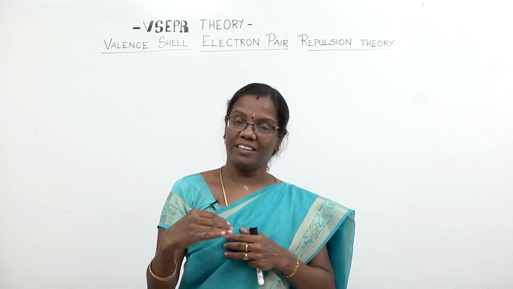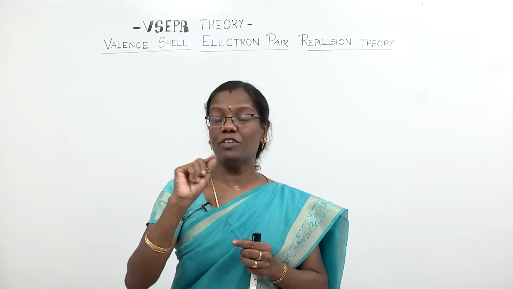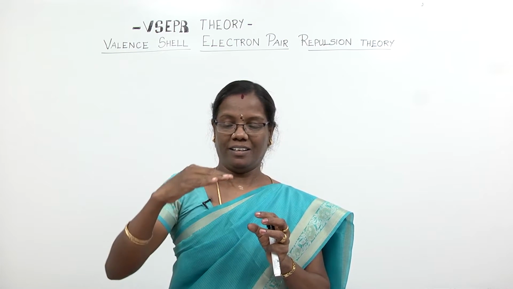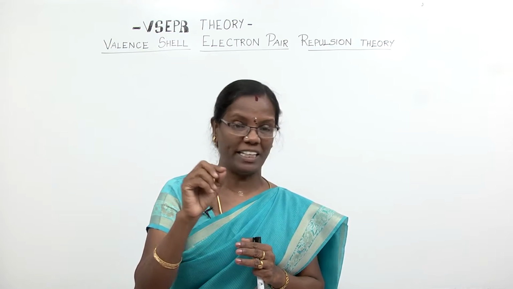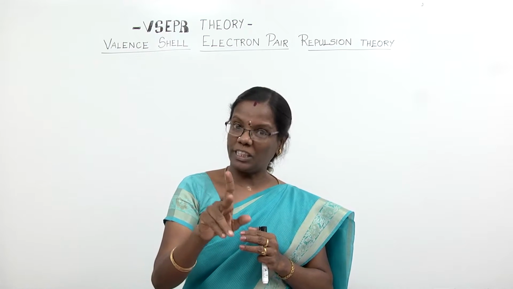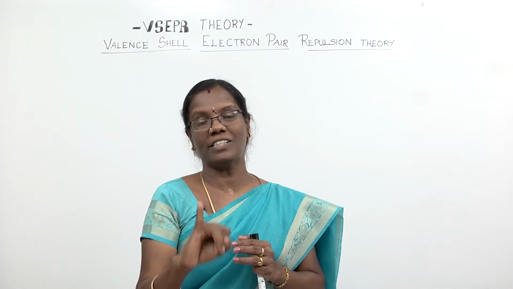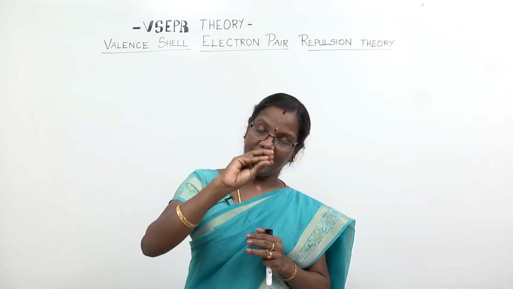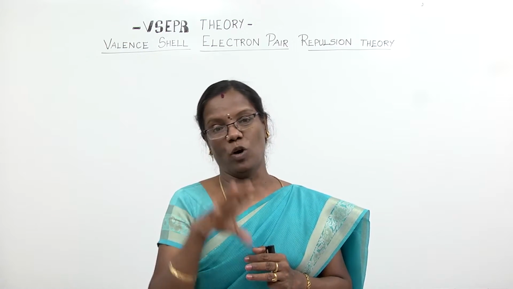A bonding pair is the electrons which are shared by 2 atoms. Those electrons will be present in the bond. That is why it is called a bonding pair. So there are 2 types of electron pairs: lone pairs of electrons and bonding pairs of electrons. These 2 types of pairs are in a molecule.